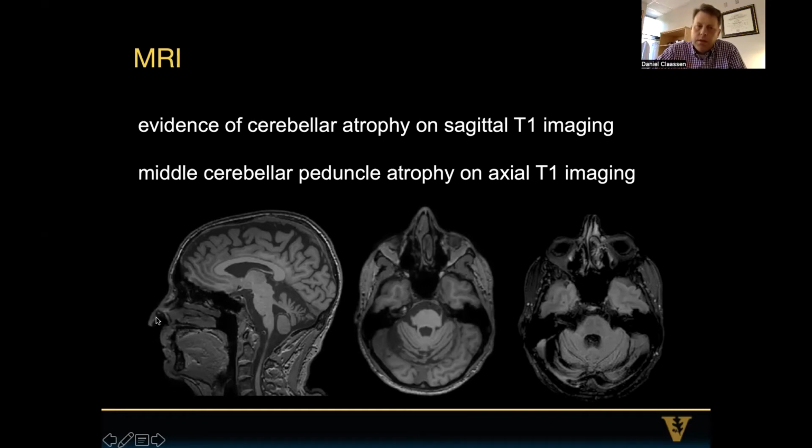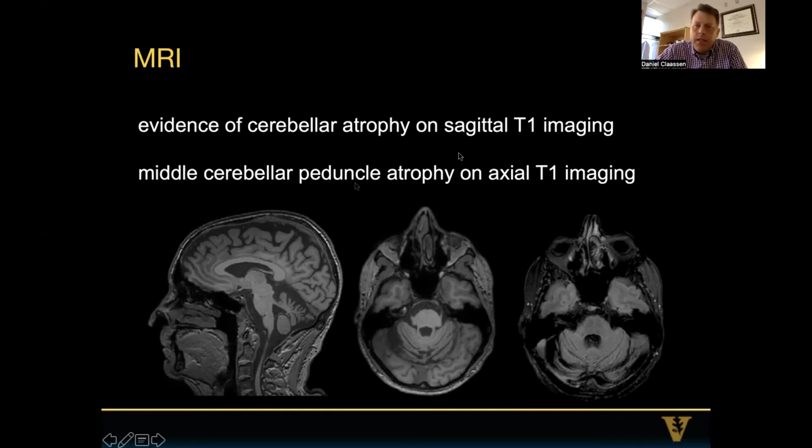You can see the nose is here, the mouth is here, the tongue is here, and here's the brain, the cerebellum, and the brainstem. If you look carefully at this person, you can see that the cerebellum is quite atrophic, or shrunk. Typically the volume would come all the way out here. You'd see grayness, but you see how there's darkness. And you can see that the cerebellum is small, or shrunken.